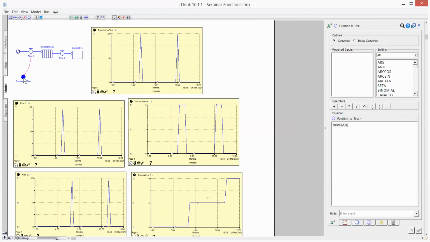So let's try and make sure that we only put in 1 pulse. What I'm going to do now is another little cheat here to say if time is equal to 5, then pulse, and this is the last form of the pulse function, I just say pulse 5, else 0.